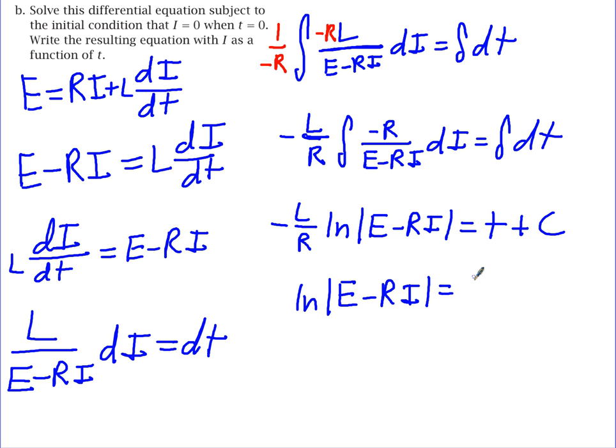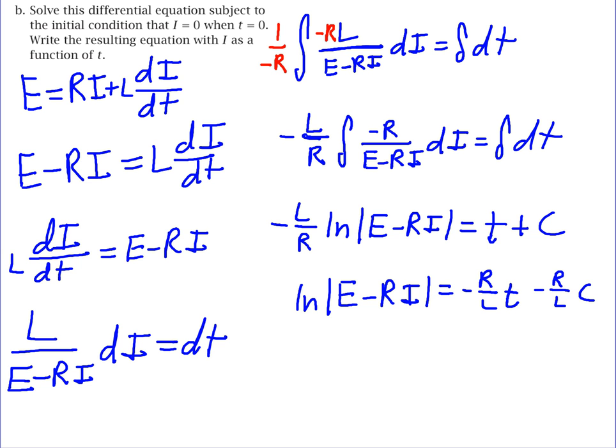So t times negative r divided by L is going to be that. This is a t. I'm supposed to curly those, I forgot. And then c times negative r over L as well. We got that.